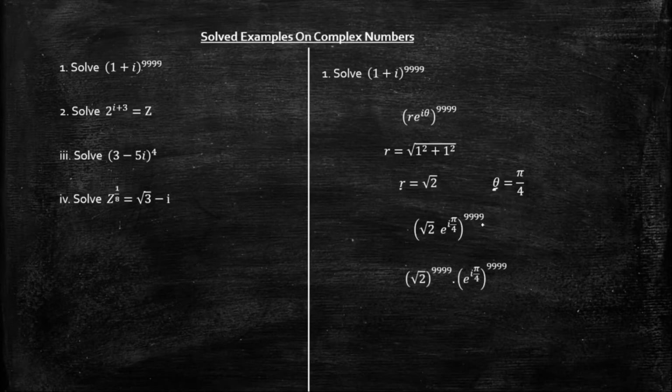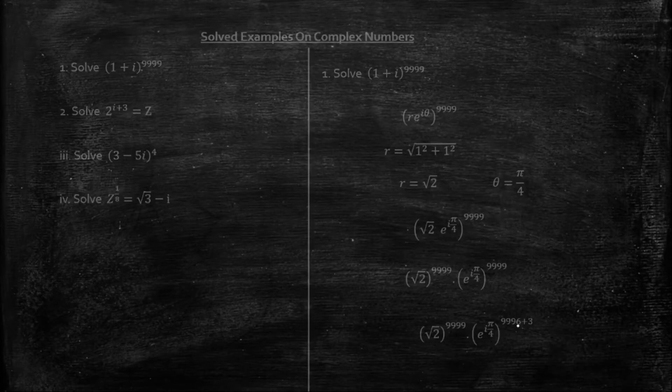You know that this is going to affect that and affect that, because it's multiplication. So you get root 2 exponent 9,999, and all of this. But if you try using the calculator, you cannot solve this one, so we need to do something about it by breaking it down. When you break it down, you are going to separate it. When you add the 3, you know that this is the same thing as this. I'll tell you the reason why we did this.